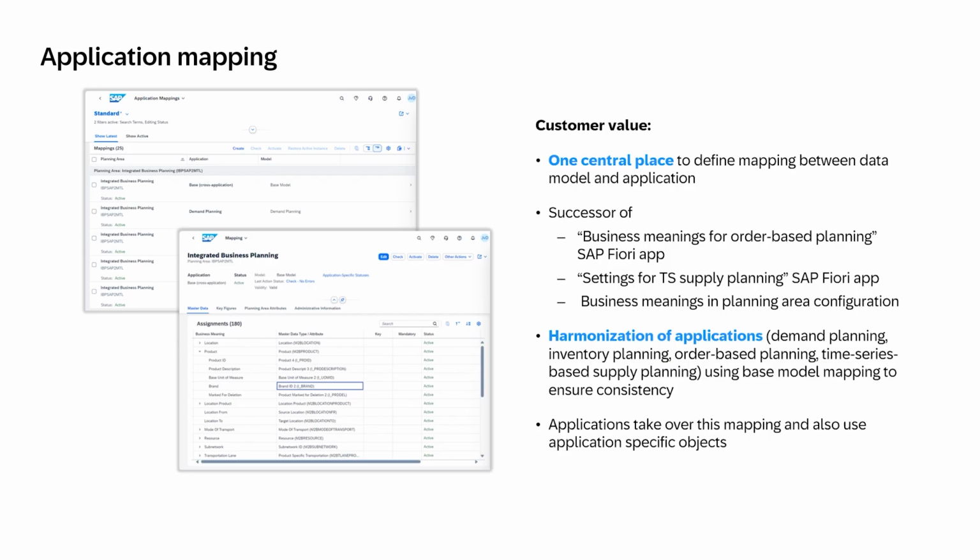So then the customers can choose. If they want to use, let's say, our time series supply planning, they can just focus on the application mapping of the time series. So it's not hard coded anymore. We have tried to take out as much hard coding as possible and kept it very user friendly for our customers. Thanks for clarifying, Vivek.